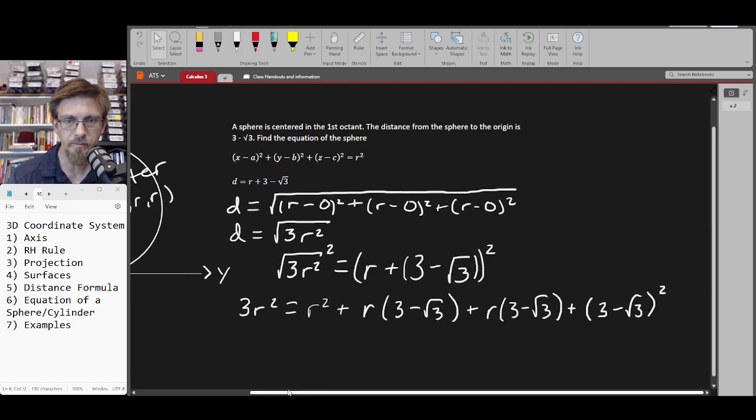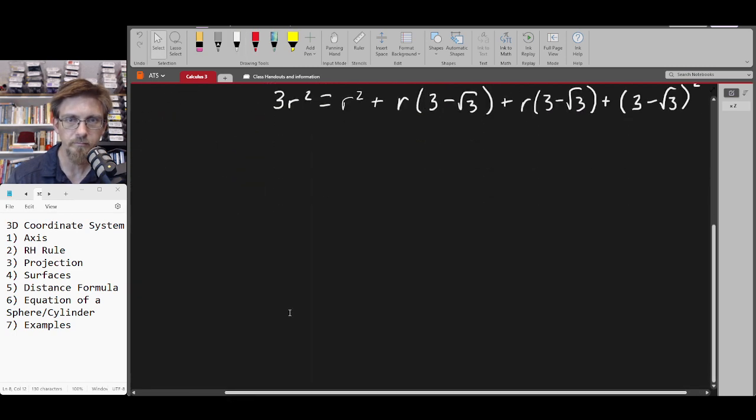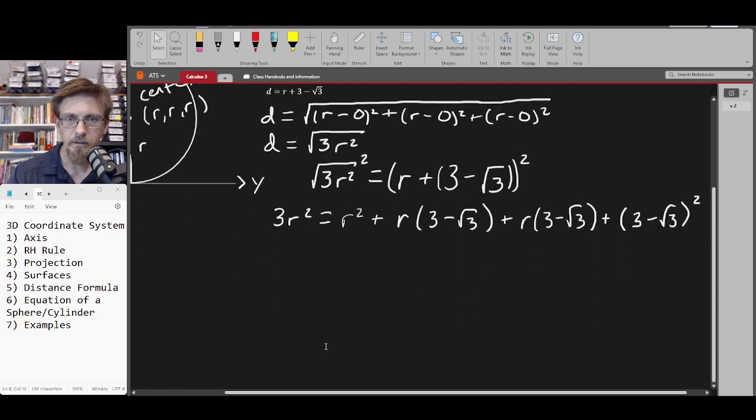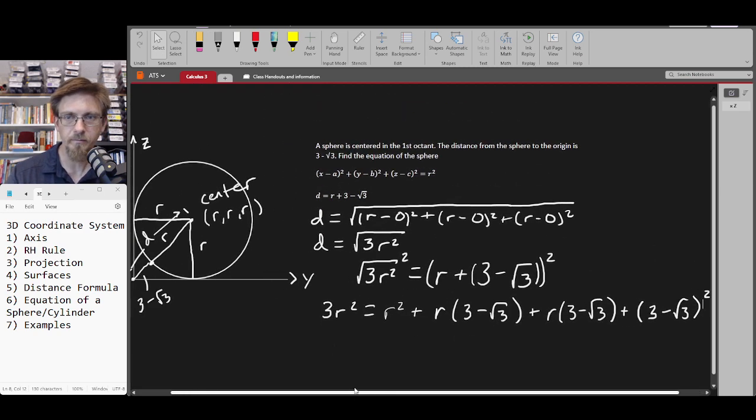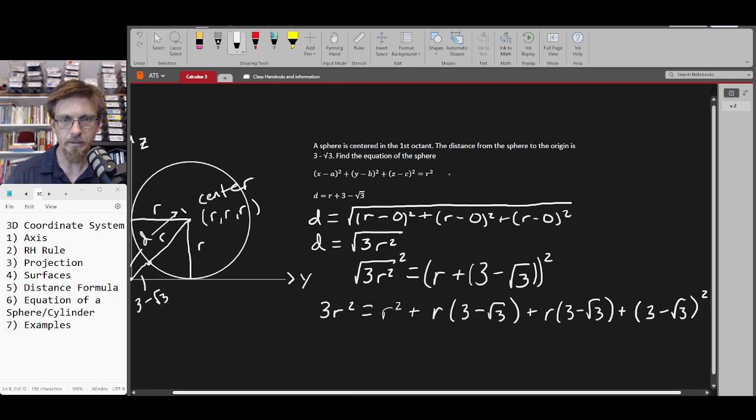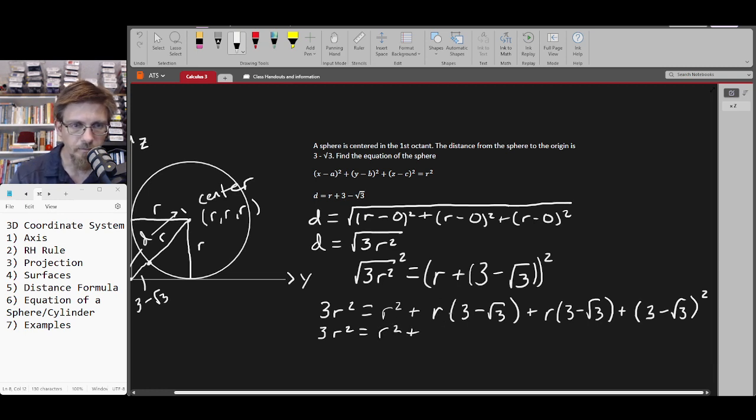All right, so we've got some cleanup to do here. And still getting used to the buttons here. All right, so we've got 3r squared is equal to r squared plus 2r times 3 minus rad 3.